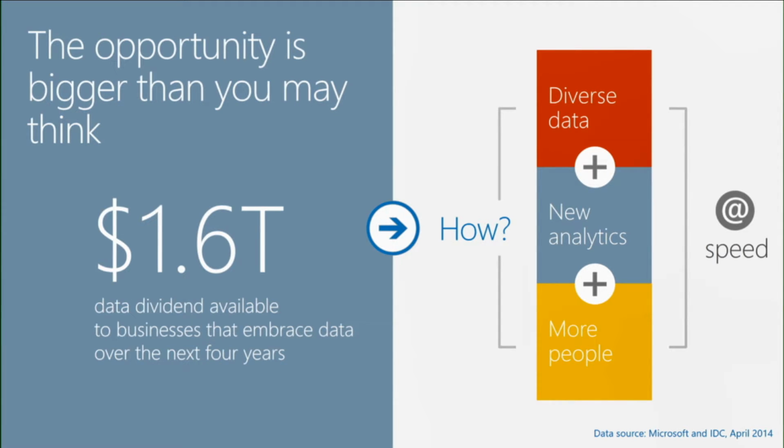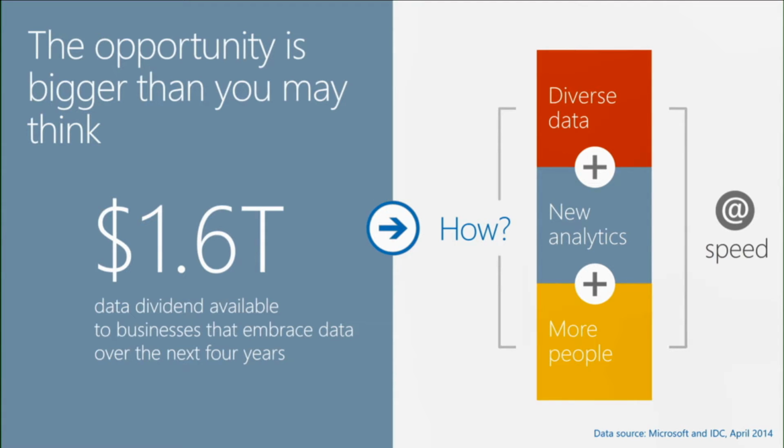Here, we know that there's a lot of opportunity out there in the way that customers can optimize how data is retrieved and how they can streamline things that are done in their business. There's actually a figure that said there's about $1.6 trillion that can be saved just by streamlining the access to information. And how can this be done?